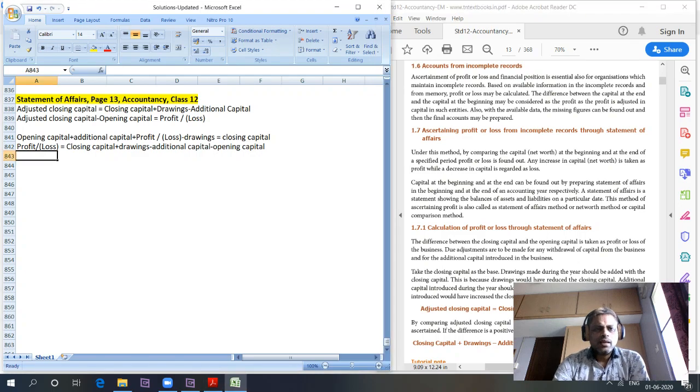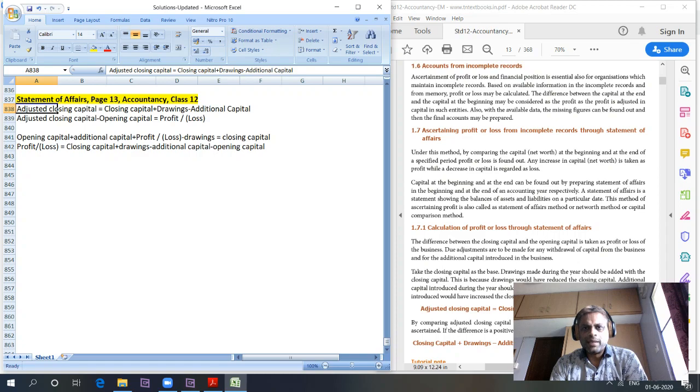What is adjusted closing capital? It is the closing capital of the business, adding the drawings that have been taken during the year. Why do we have to add drawings? Because that is used for personal purposes.